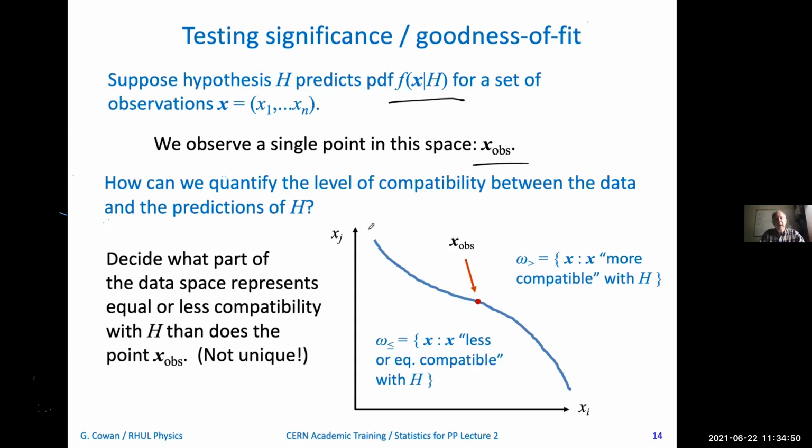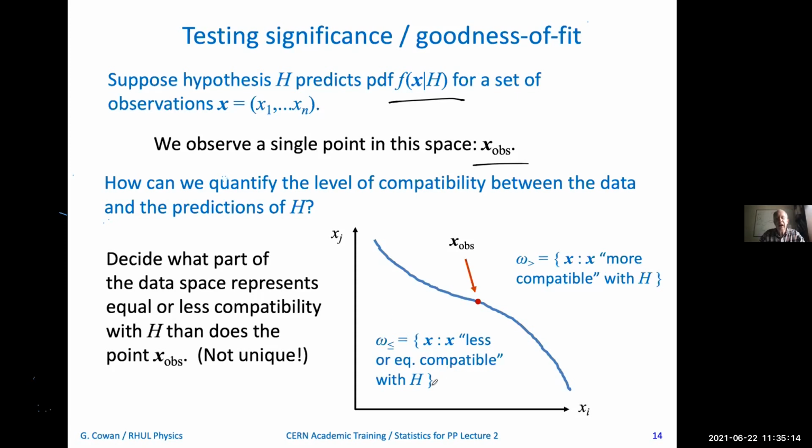up with a recipe that would then partition this data space into 2 parts. And on one side, which I've called here omega greater than, I would say that these X values over here are more compatible with the prediction of H. You can imagine that the hypothesis H maybe predicts a high probability content here off on the upper right.